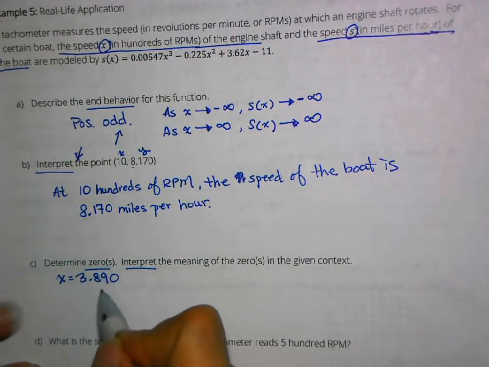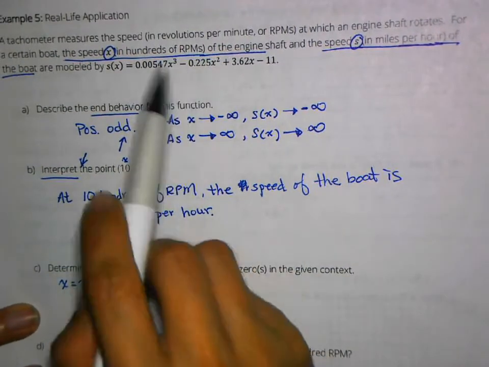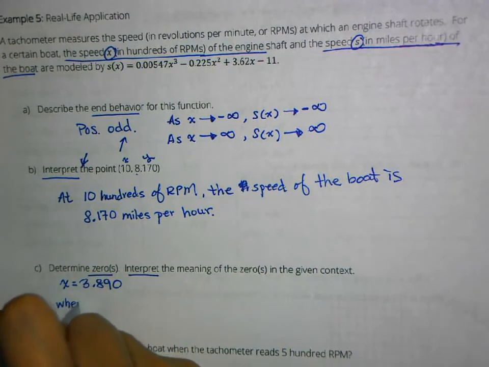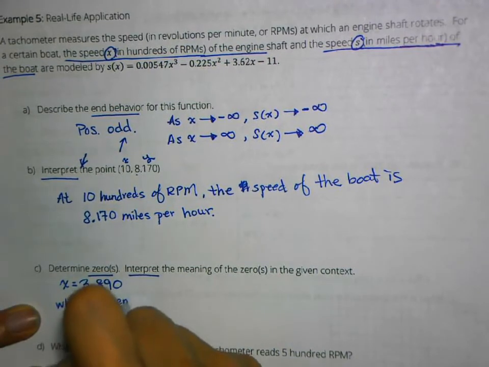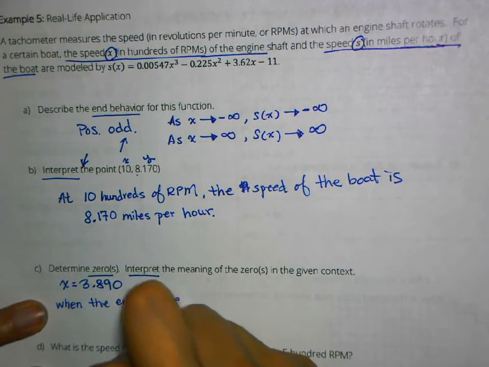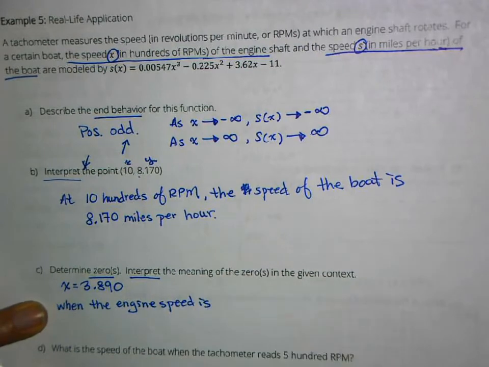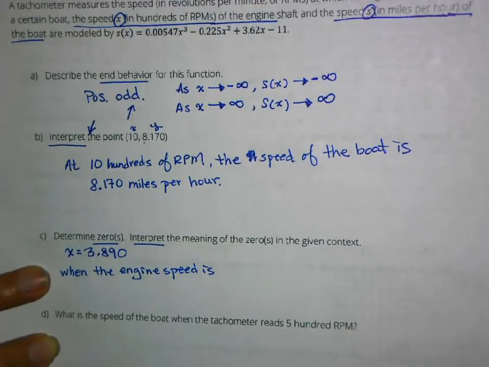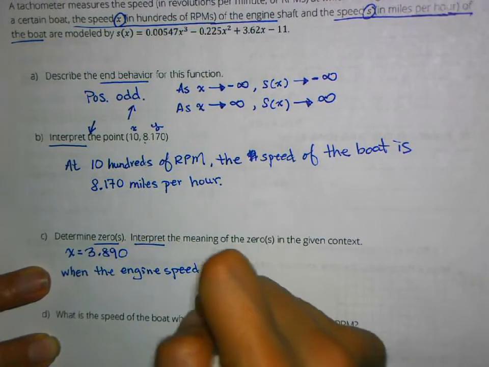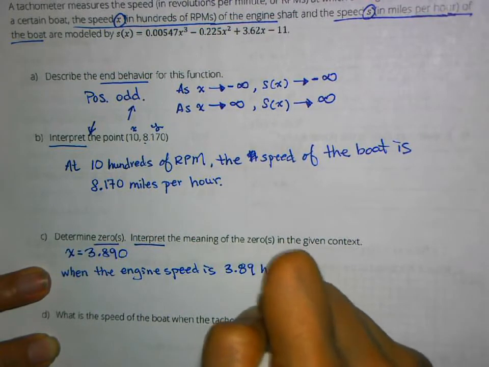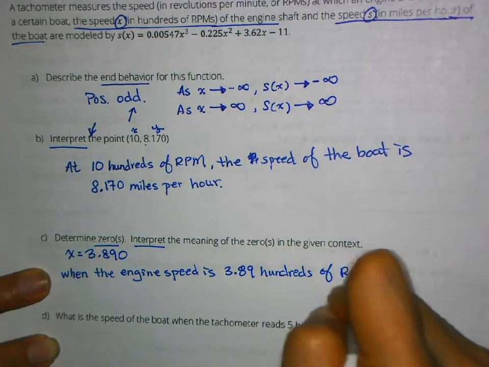Well, remember what we said? We said that x is the speed of the engine. So we can say when the engine speed is, well, it's in hundreds of RPM, so 3.89 hundreds of RPM, or you can say 389 RPM.